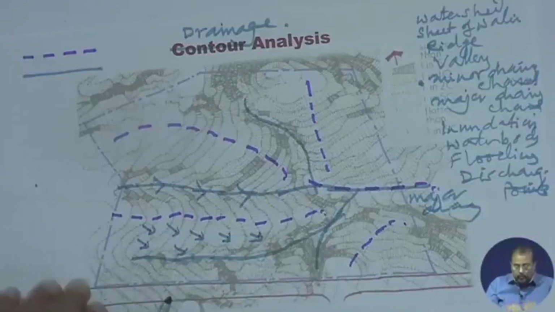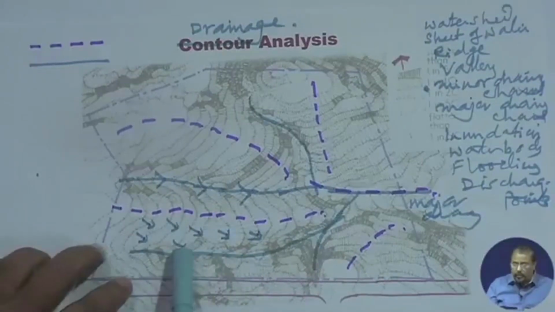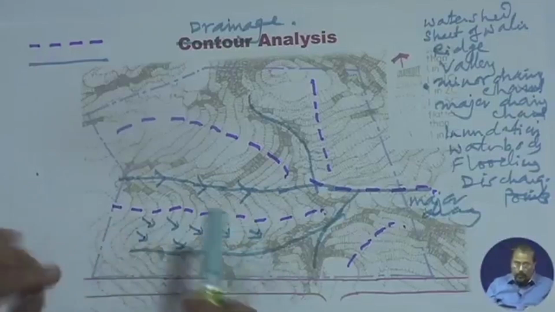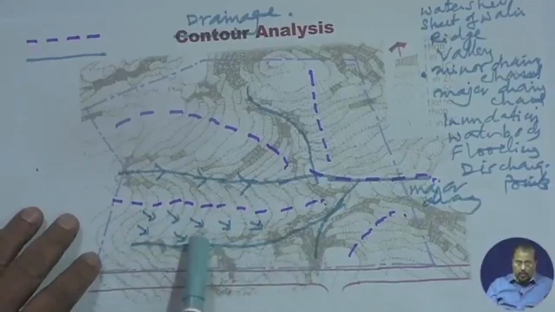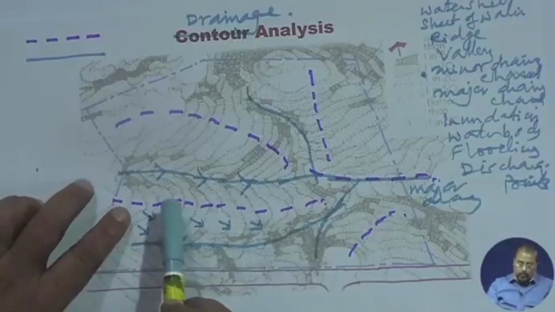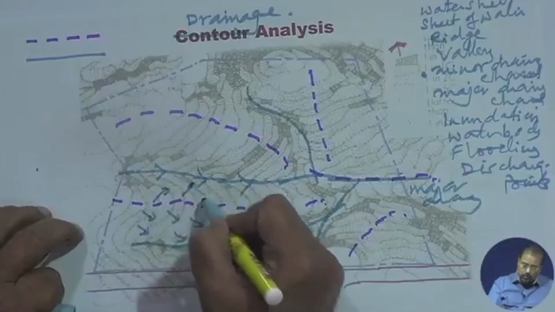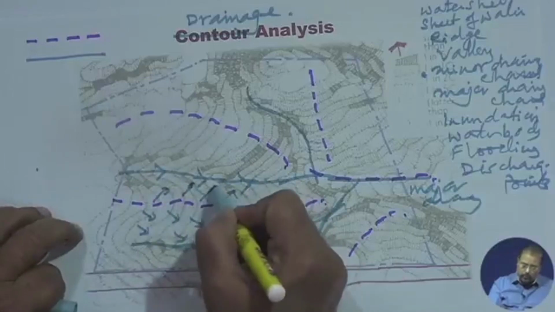Sometimes it may flow vertically from here to here, depending on the profile. This is the watershed and the sheet of water flow. Water starts flowing from the ridge point to the lower slopes. From here, water starts flowing from the ridge point to the lower floor.